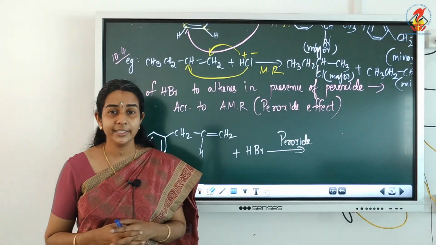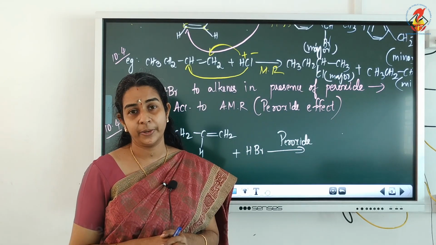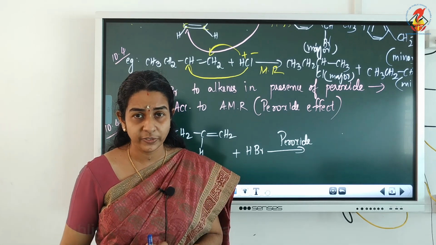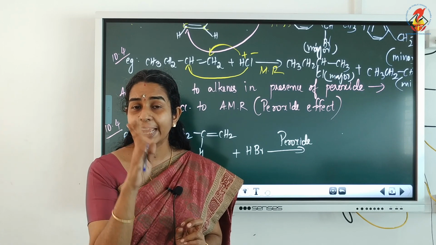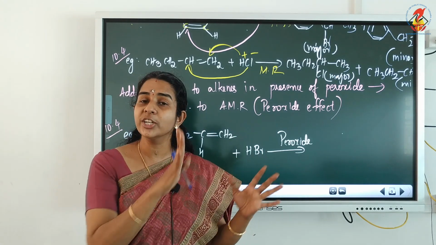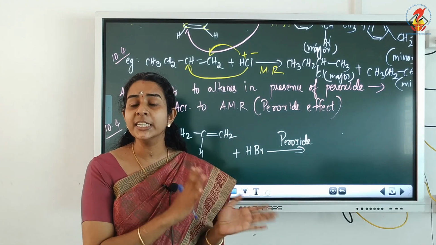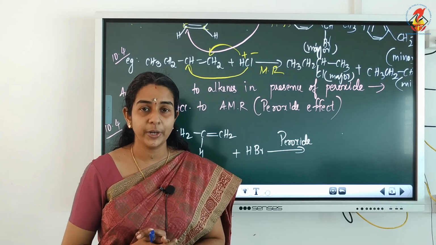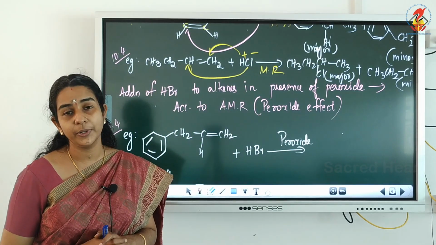Already we have learned in class 11, that is also known as peroxide effect or Kharasch effect. In presence of peroxide, we can add only HBr. Any HX we can add according to Markovnikov's rule, but according to anti-Markovnikov's rule, we can add only HBr in presence of peroxide. And how is the addition of HBr in presence of peroxide?